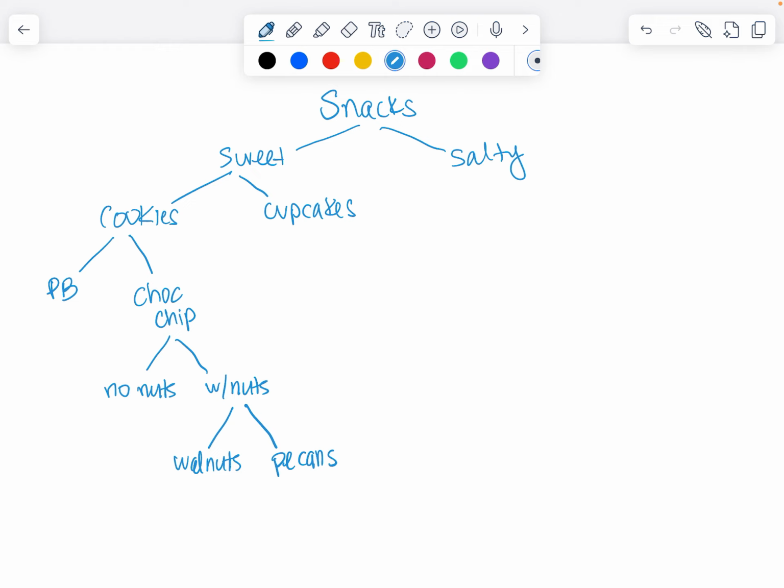Now, if you think about cupcakes, maybe you have chocolate cupcakes. Those are always delicious. And maybe you have just, I don't know, it's the season, so maybe you have some strawberry flavored cupcakes. And some cupcakes may have sprinkles in them.